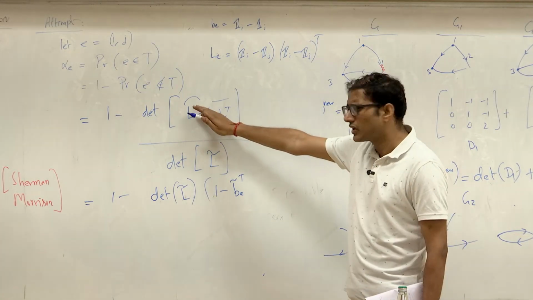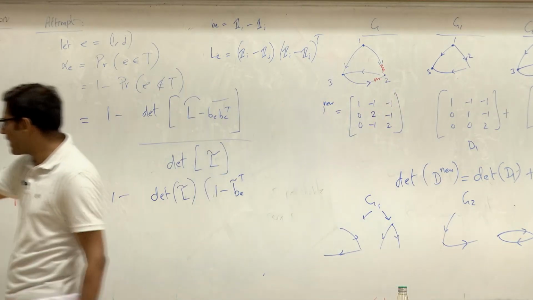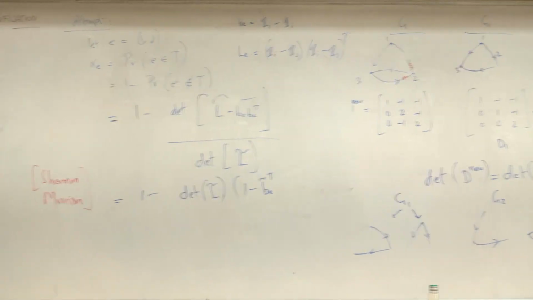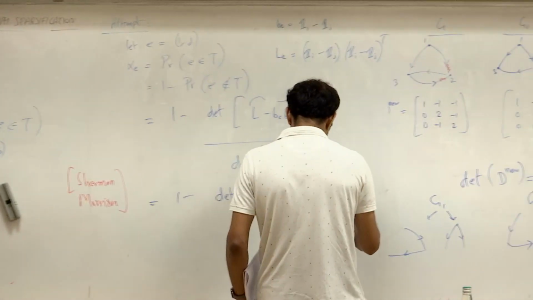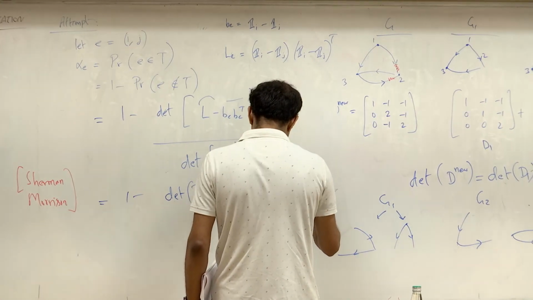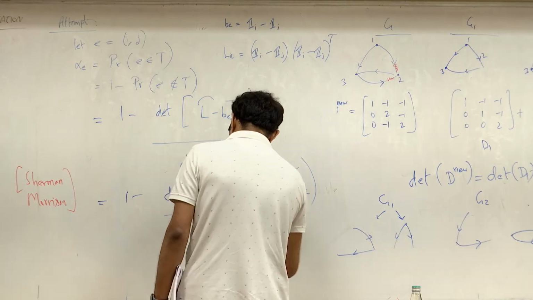So I should write ii. B_E tilde, L tilde inverse, B_E tilde, over the determinant of L tilde.